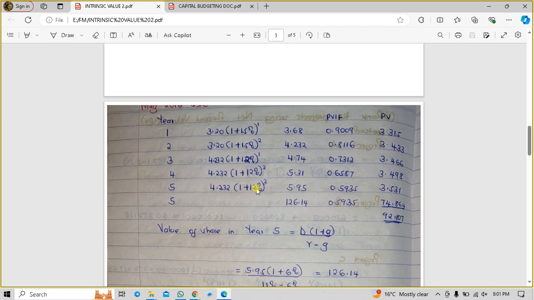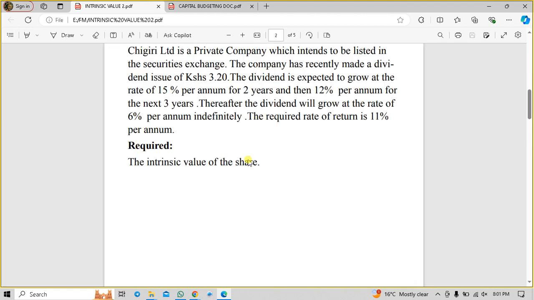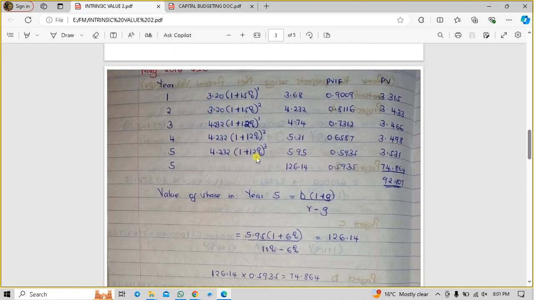If you are told, for example here, that the dividend is expected to grow at the rate of 15% for 2 years, then 12% per annum for the next maybe 5 years, we could still use the same 12% for year 6 and 7, power 4, power 5. Okay. Welcome. I hope that is clear.